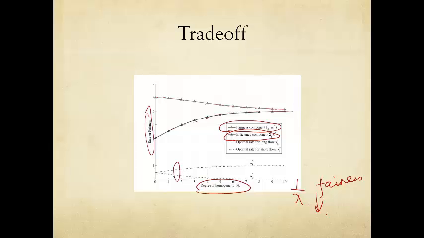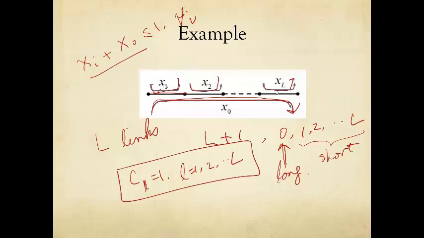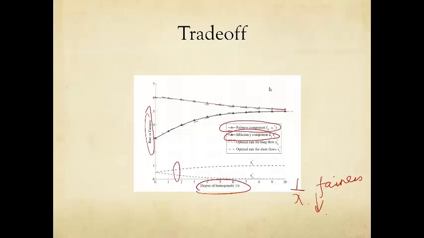Now, second, I'm plotting the actual rate allocation, the optimizer, the optimal solution. By symmetry, I don't need to plot all L of these short sessions. They all get the same thing. So I will just plot one of them. And then I plot the long session. This is the long session, this is the short session.